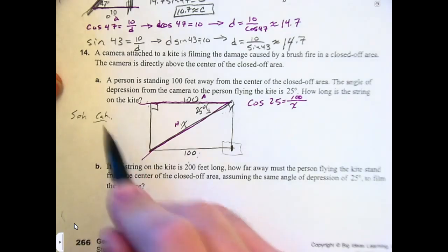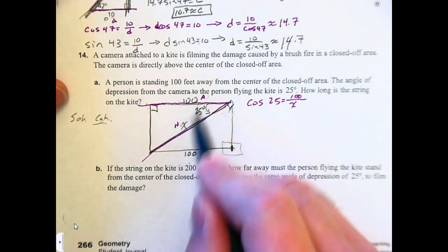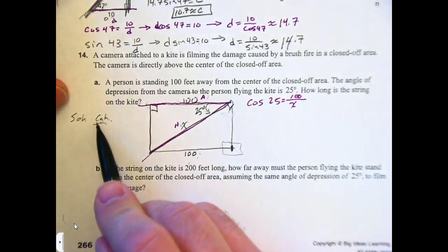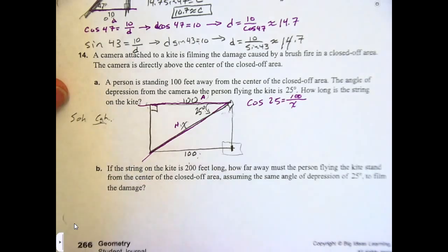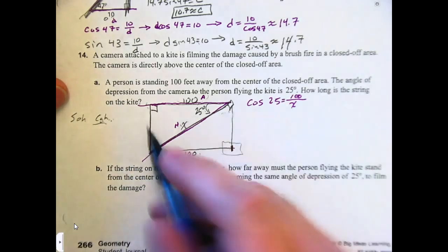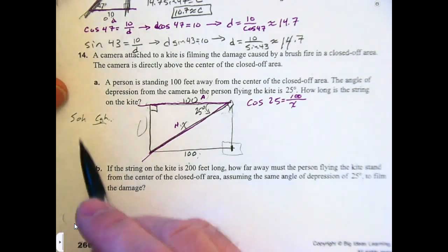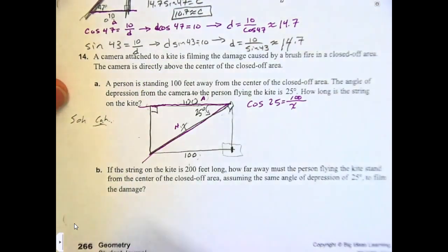I'm using cosine because in relation to the angle, they give me an adjacent length, and you're looking for the hypotenuse. The trig function that deals with the ratio of adjacent to hypotenuse is cosine. If they had given me an amount over here, then I could have used sine. But they didn't, so I can't use the opposite. If they give you all sides, you could use either, yeah.